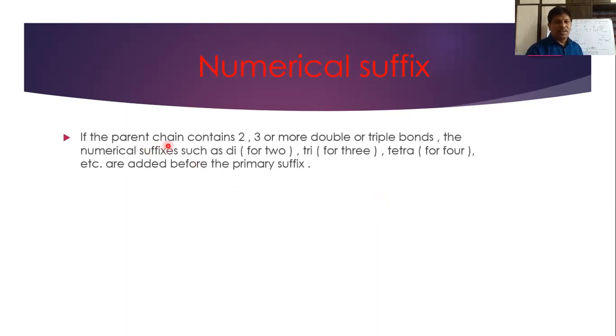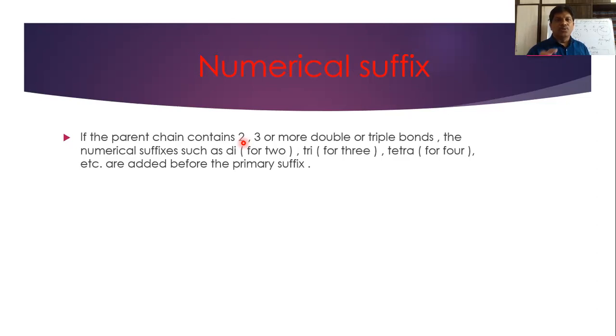So if the parent chain contains two or three or more double bonds, or triple bonds. Suppose in one compound, imagine 2 double bonds are there. 2 double bonds means diene, we say. If 3 double bonds are there, triene. Tri representing what? 3 times the double bond is repeated.